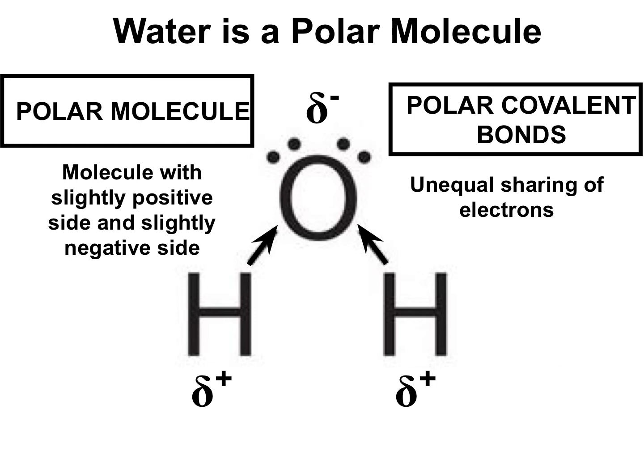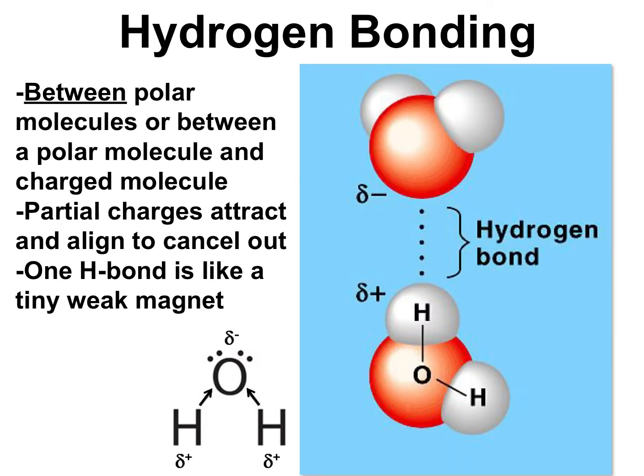But the reason that water is a polar molecule is because of the bonds between oxygen and hydrogen. And those bonds are polar covalent bonds. So even though these concepts are related, it's really important to understand the difference and not be intimidated by the difference.